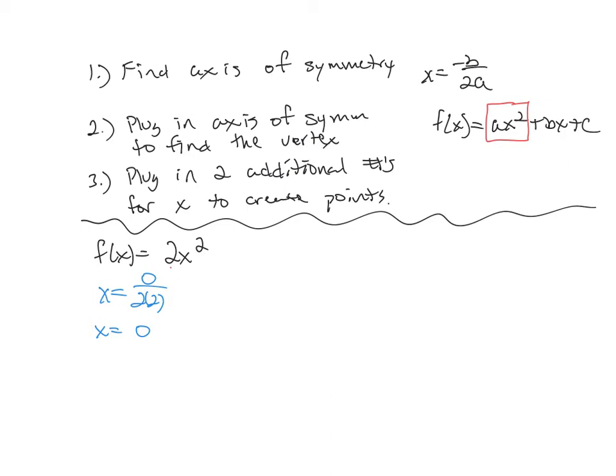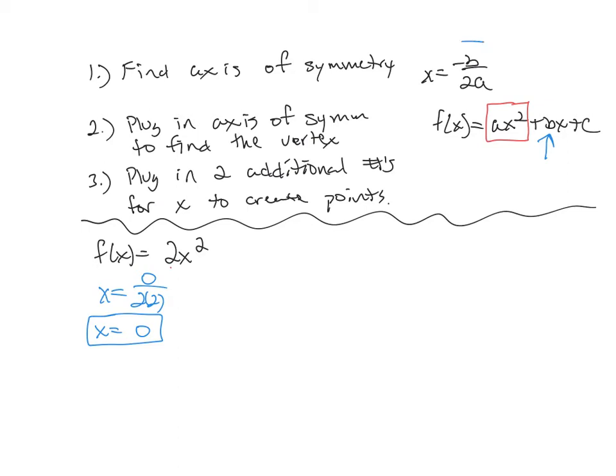Okay, so listen carefully. If there's no b, like there's no 4x or negative 5x or anything after this, 100% of the time, the axis of symmetry is x equals 0. You can memorize that. There's never an exception. If there's not a something x, like the bx way over here on the right, the axis of symmetry is always x equals 0.